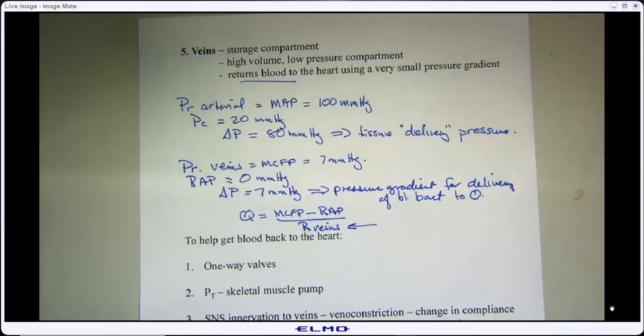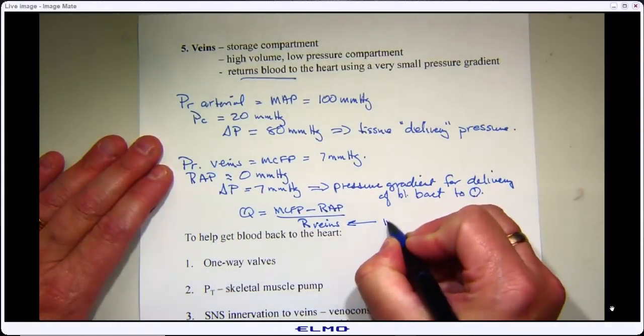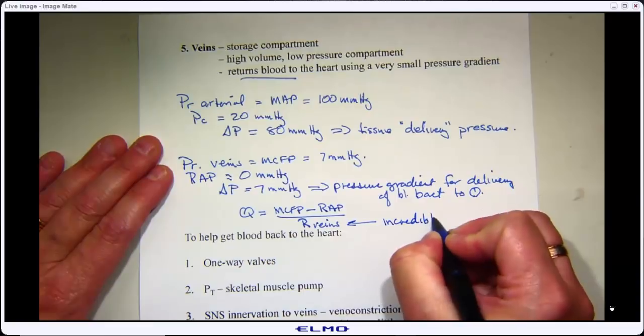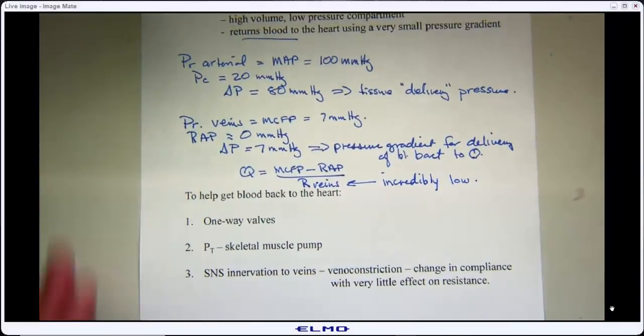If we do something to create resistance here, our venous return will drop, and then you can't pump what you don't have. So we have to be very careful on this side to keep resistance in the veins incredibly low. So that's the scenario that we're living in. Because of this low pressure gradient, we do have help in getting flow back to the heart.